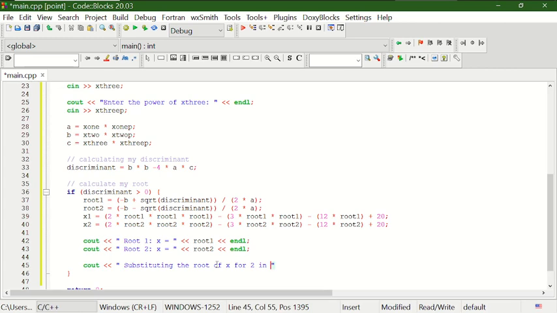in the equation. So what's the equation? We said y.